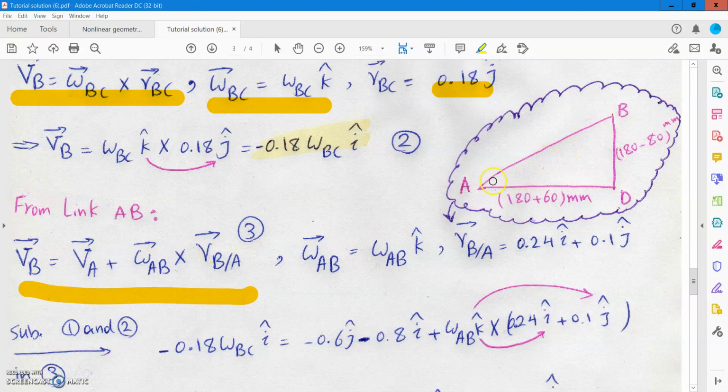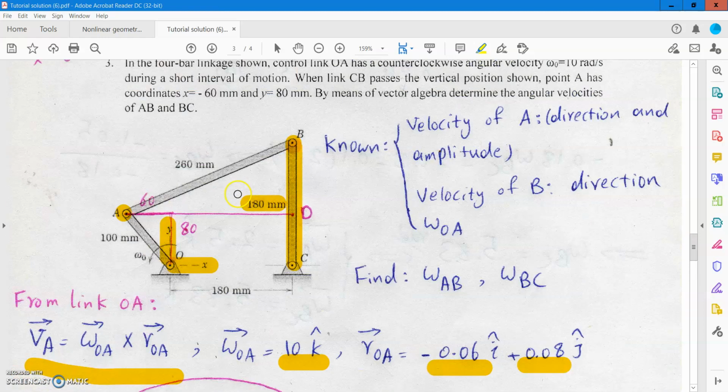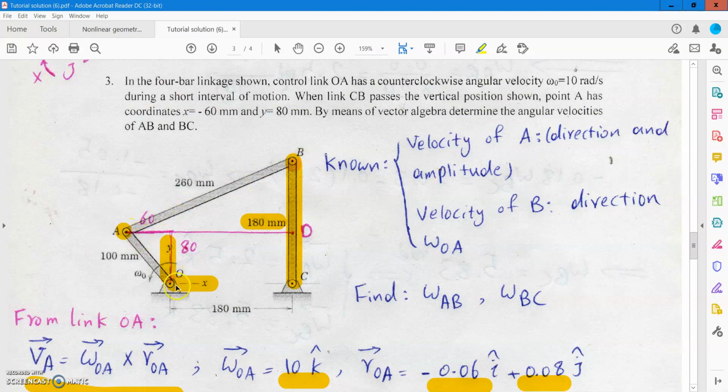Link AB is a rigid body, so you can write the velocity of point B with respect to point A. Here you only need to calculate RB with respect to A. You can move this coordinate system from point O to point A, and then you can easily calculate the position vector of B with respect to A: the x component is 180 plus 60, and the y component is 180 minus 80.